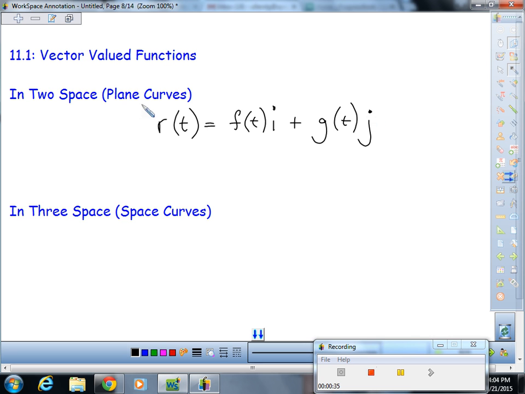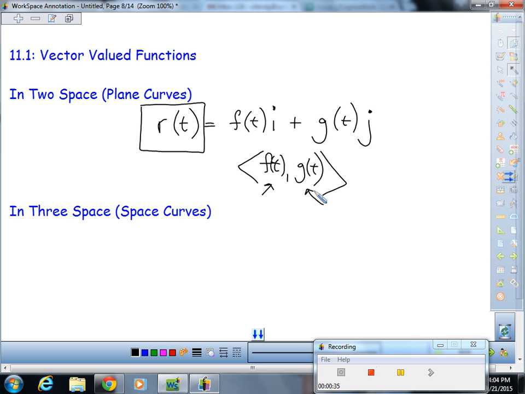We're talking about a general plane curve, and for a plane curve, we assign a vector. So we can also write it like this, at different times t. As t changes, our actual functions that determine our vector change, okay?